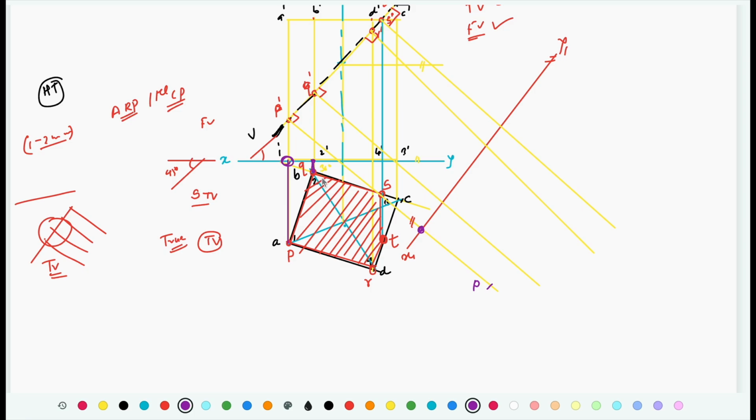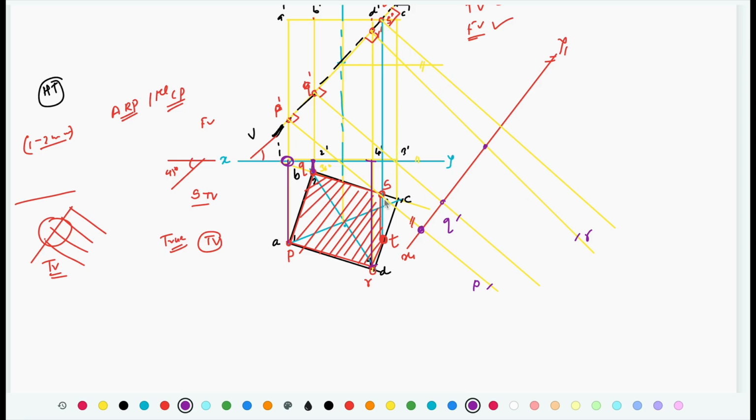Keep the compass on the projector of Q on x1 y1 and mark the point Q. Similarly, I am going to locate the point R. Take the distance of point R from the xy line, this much distance, in the compass. Where is the projector of R? This third line. Keep the compass on x1 y1 and mark the point R.